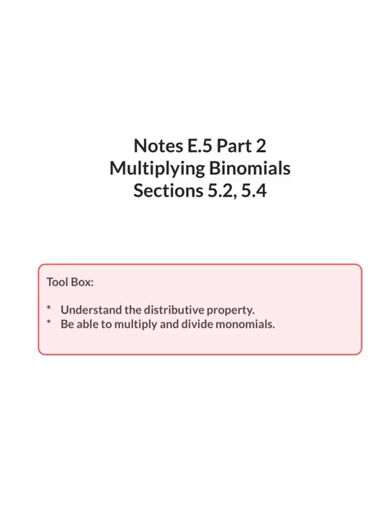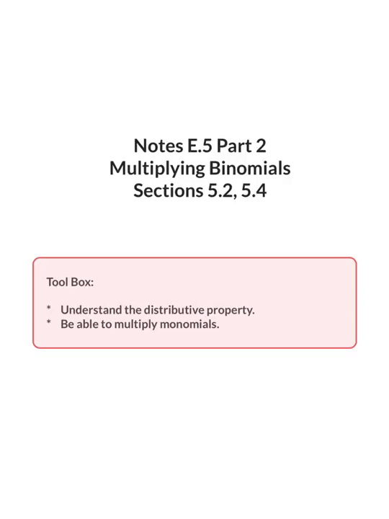So, in order to do this section, the first thing you need to know is understand the distributive property. So the next thing that we want to look at is multiplying binomials. This is one of the classic problems that we work with when we're talking about polynomials.